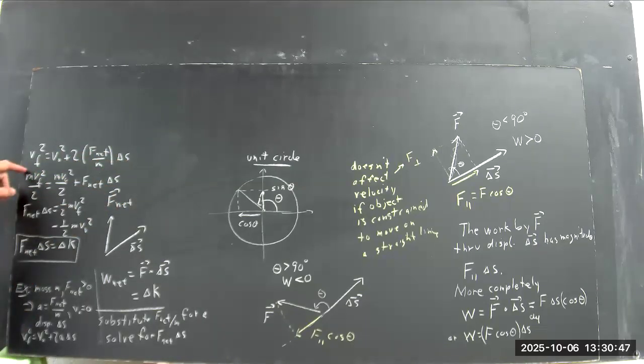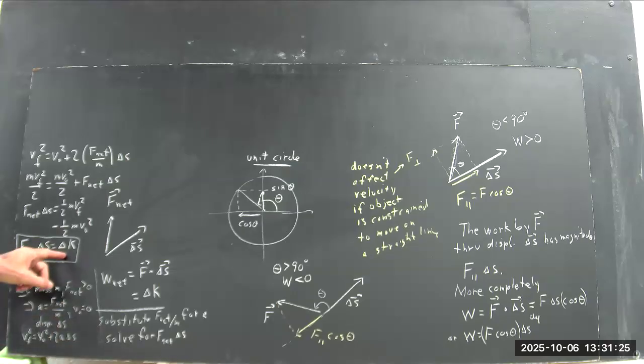If you do that, you get M over 2 times VF squared equals M over 2 times V naught squared plus F net delta S. Now, if you already let V naught equal 0, and I said you could, then you got F net delta S equals M VF squared over 2. That's just your kinetic energy, isn't it? If you left V naught in there, what you have here is the final kinetic energy minus the initial kinetic energy, right?